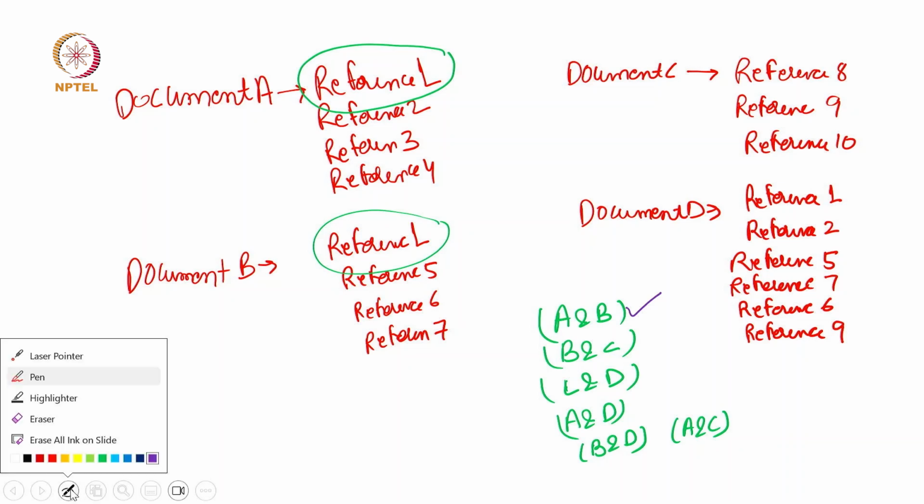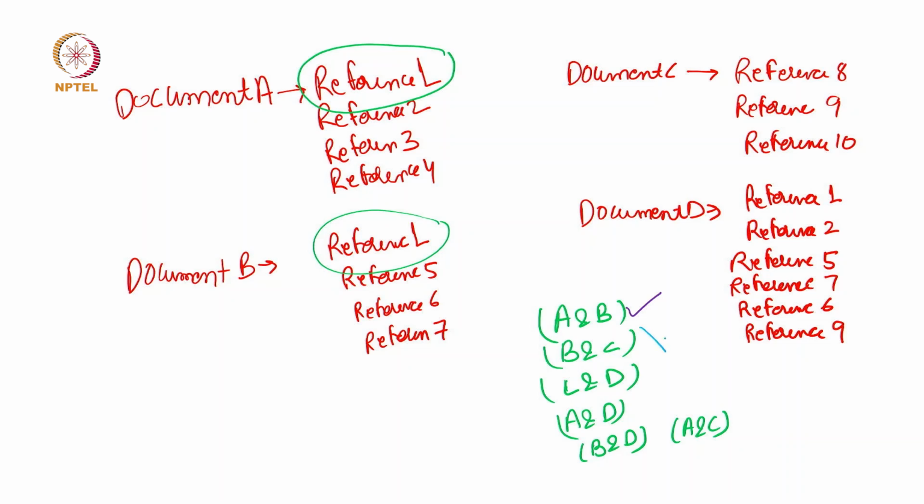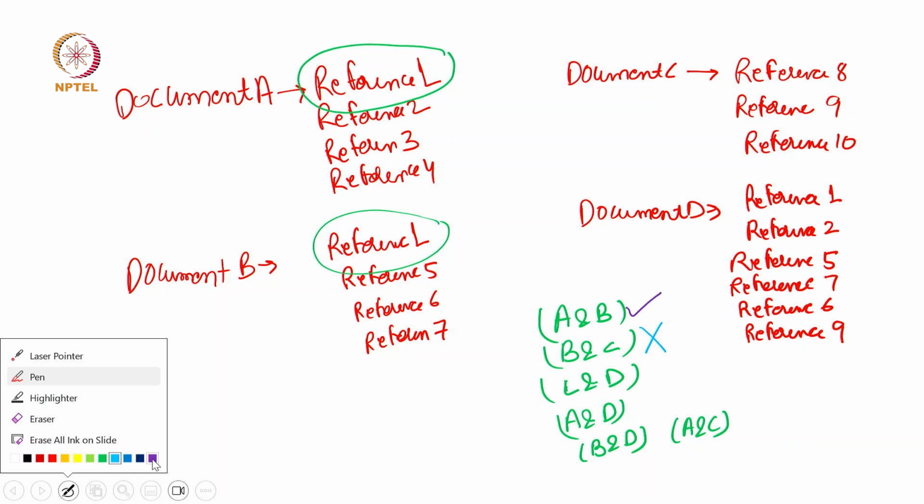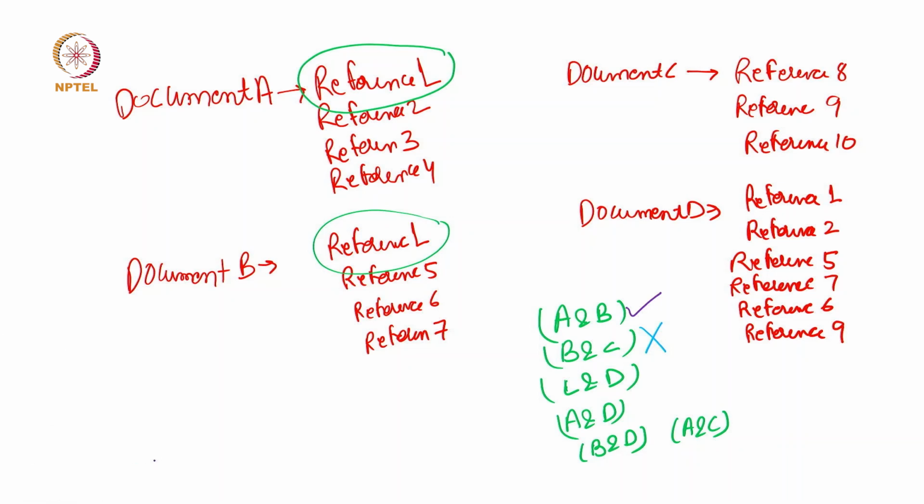So we say that it is not bibliographically coupled. Then we see documents C and D. For documents C and D, there is one common reference. So we say that C and D are bibliographically coupled. What is that reference? Reference 9.